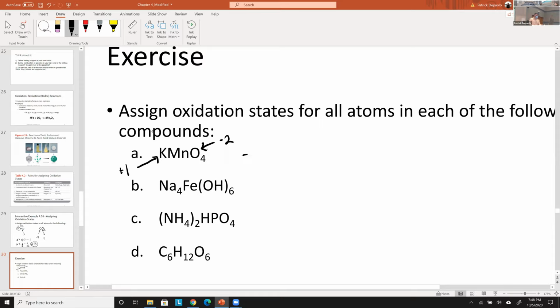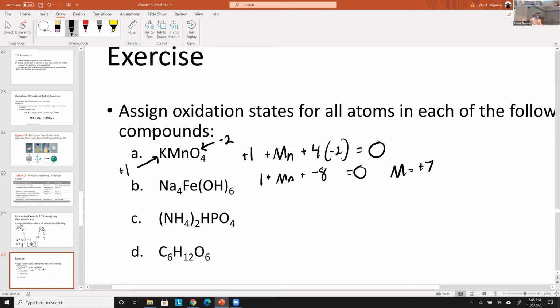Potassium is +1, plus manganese plus 4 times -2 equals 0, since there's no net charge on this. So you have -8 plus manganese plus 1. You do the math, and you figure out manganese has to be +7. So manganese is +7.